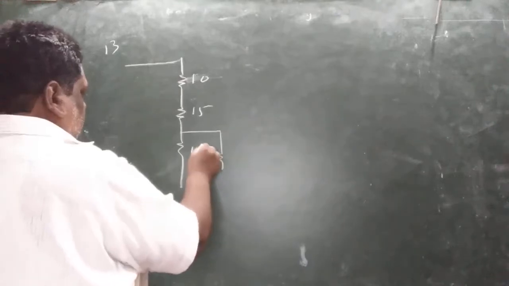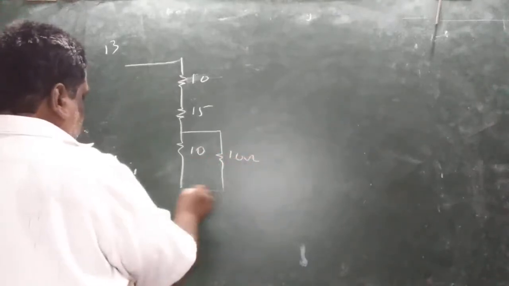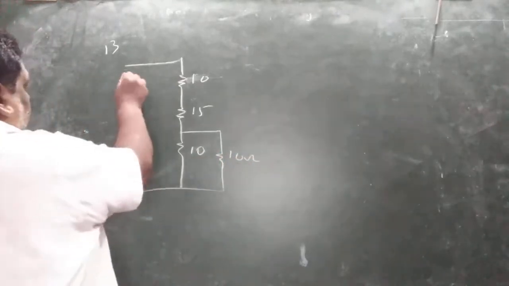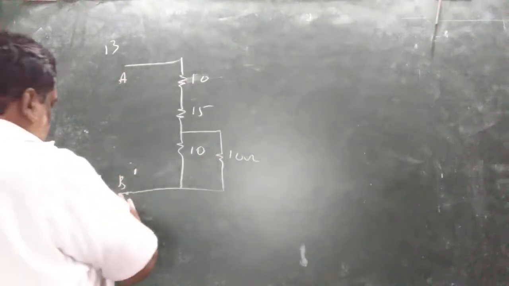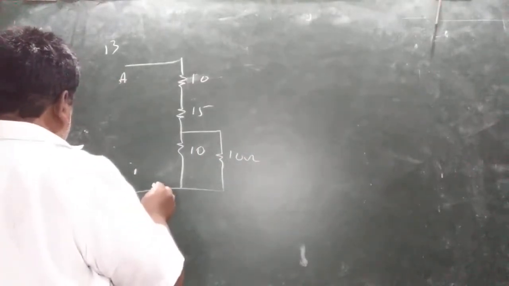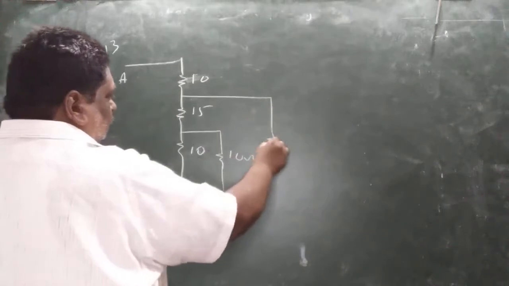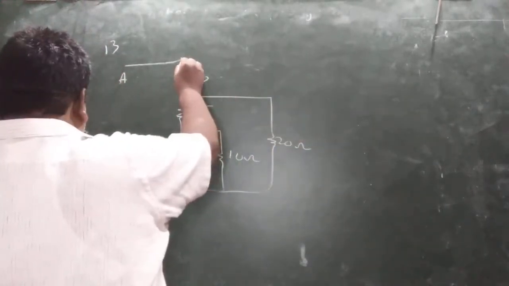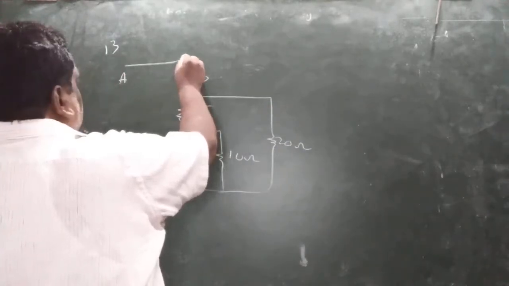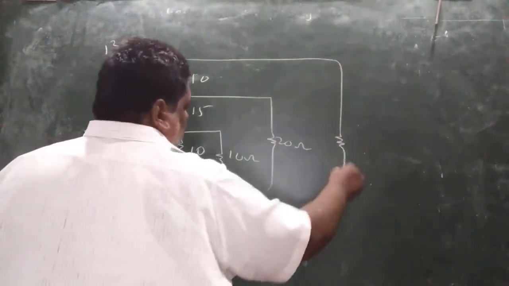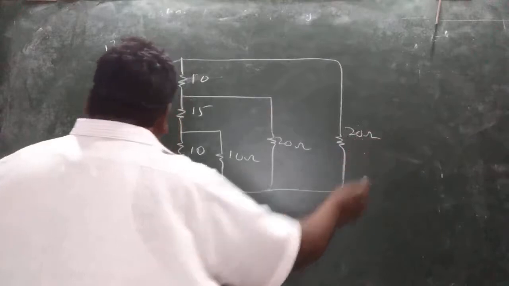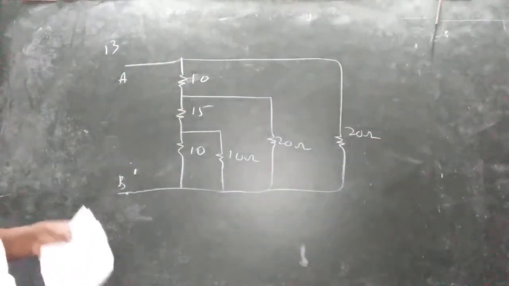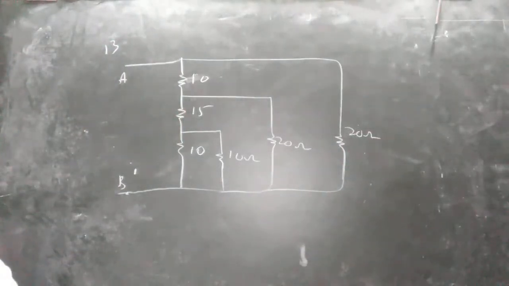Here these 10 ohms are parallel. Next 20 ohms parallel, next 20 ohms parallel. Now what is the equivalent resistance between A and B?